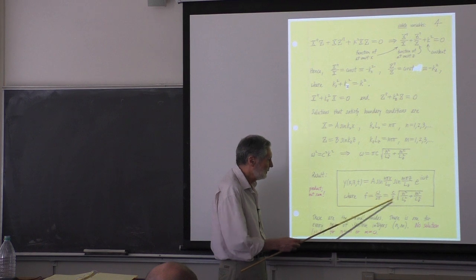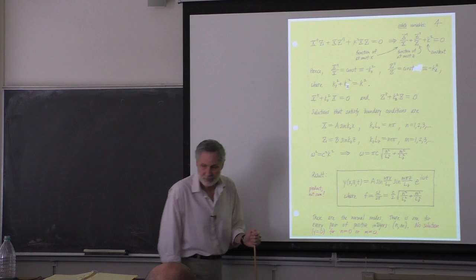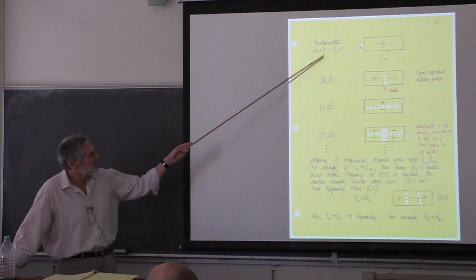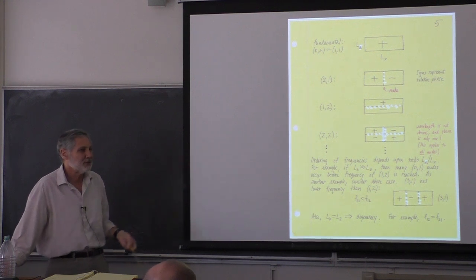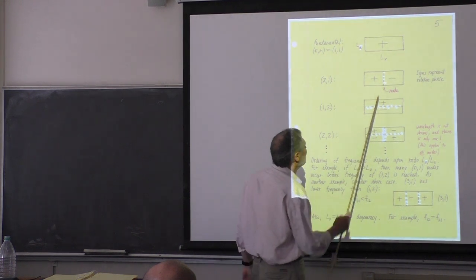You have to calculate these frequencies to know what the ordering is. There's no formula that will tell you how to do that. And we have this nice picture here. This is a standard picture visualizing what's going on, where we draw the nodes here.